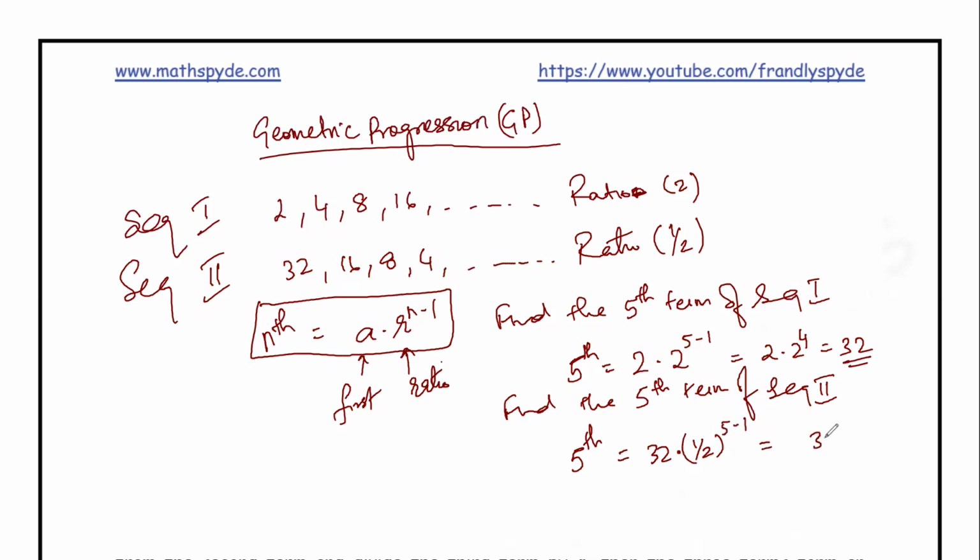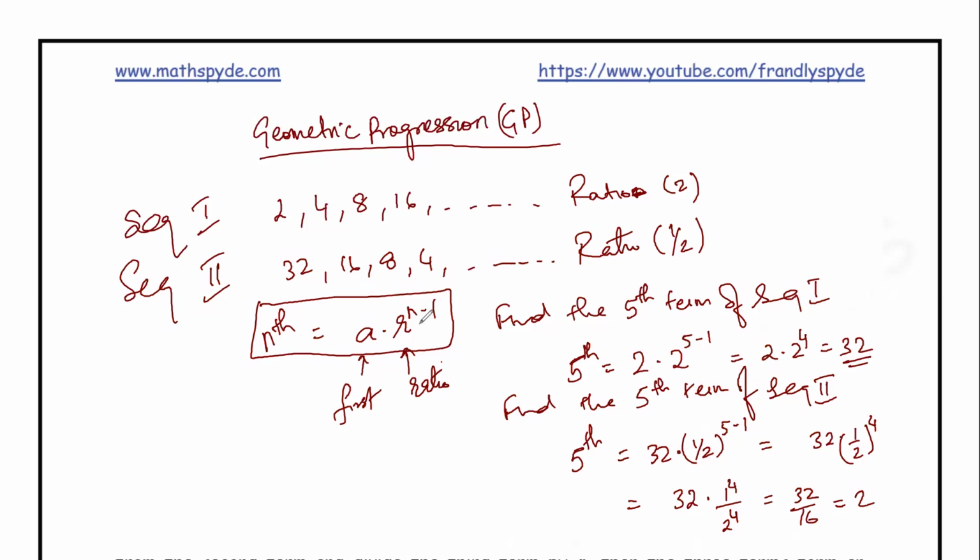So that is 32 into half raised to 4. Okay. So what is half raised to 4? 1 raised to 4 is 1. 2 raised to 4 is 16. That's 32 by 16, which is 2. And we already know our fifth term is 2. We know that 32, 16, 8, 4, and 2.